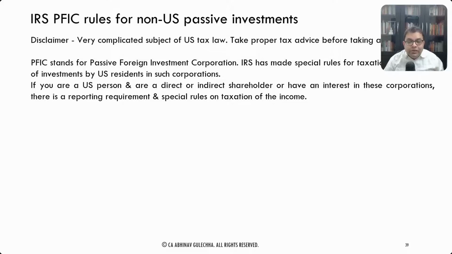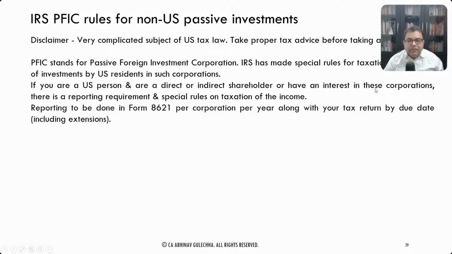If you're not living in the US now and you don't have a US citizenship or a green card, then it is not applicable to you. So if you're a US person and you are a direct or indirect shareholder or have any interest in these corporations, then there is a reporting requirement and the special rules will apply.